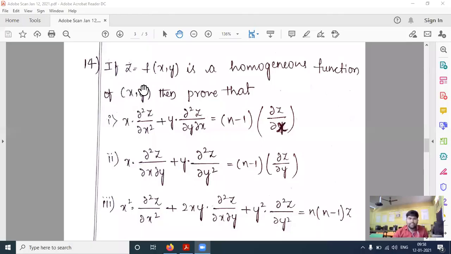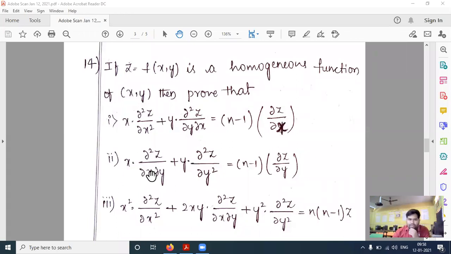So if z is equal to f of x comma y is a homogeneous function of x comma y, then prove that: first, x into dou square z by dou x square plus y into dou square z by dou y dou x is equal to n minus 1 into dou z by dou x.